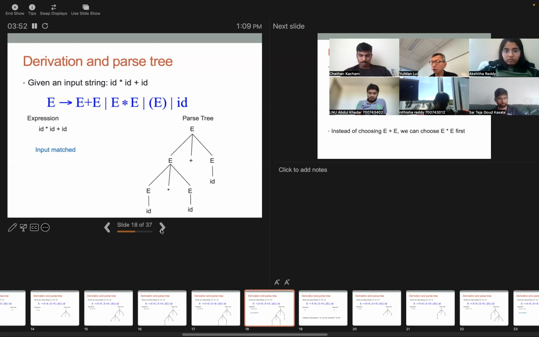And also look at the parse tree here. All the leaves, where are the leaves? This is the leaf. A leaf is one that has no children. All the leaves are terminals.